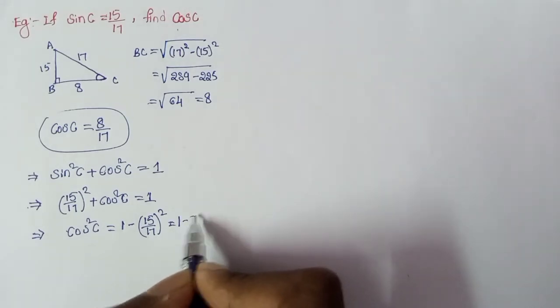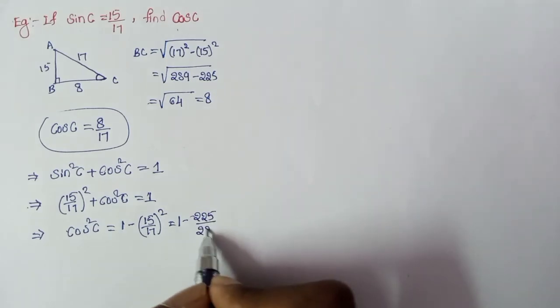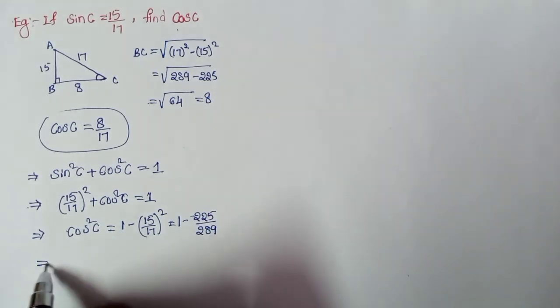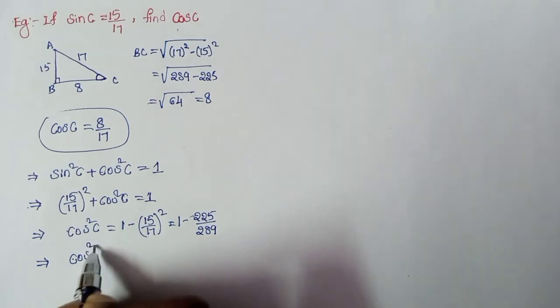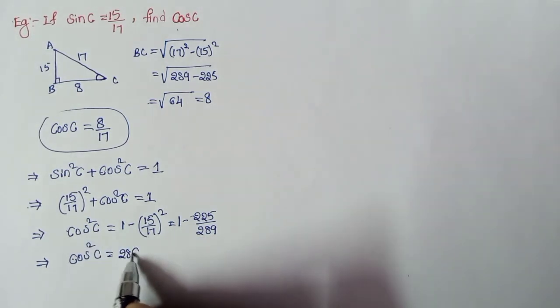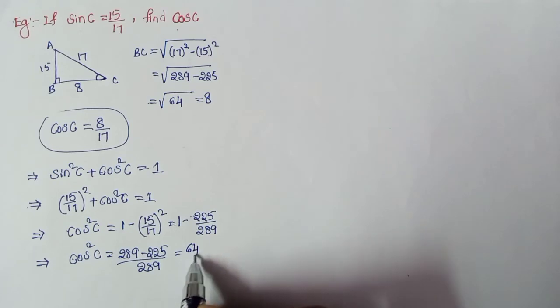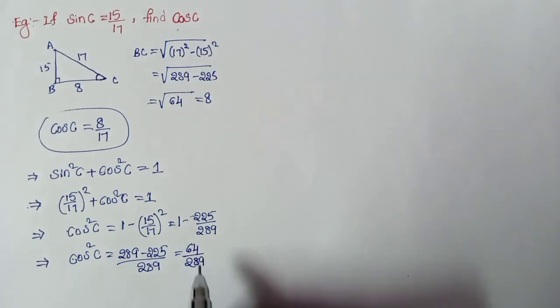Which is equal to 1 minus 225 by 289, so cos square C is equal to 289 minus 225 divided by 289. Here also you will get 64 divided by 289.